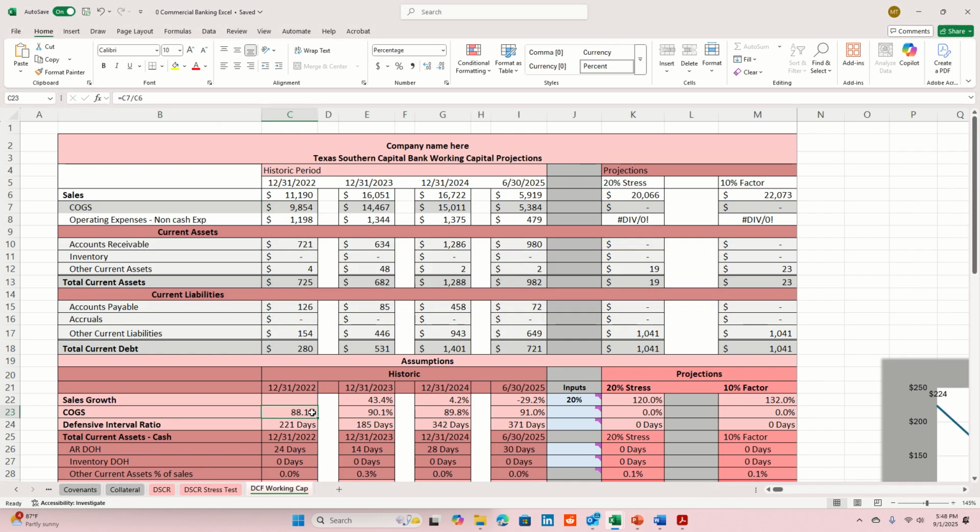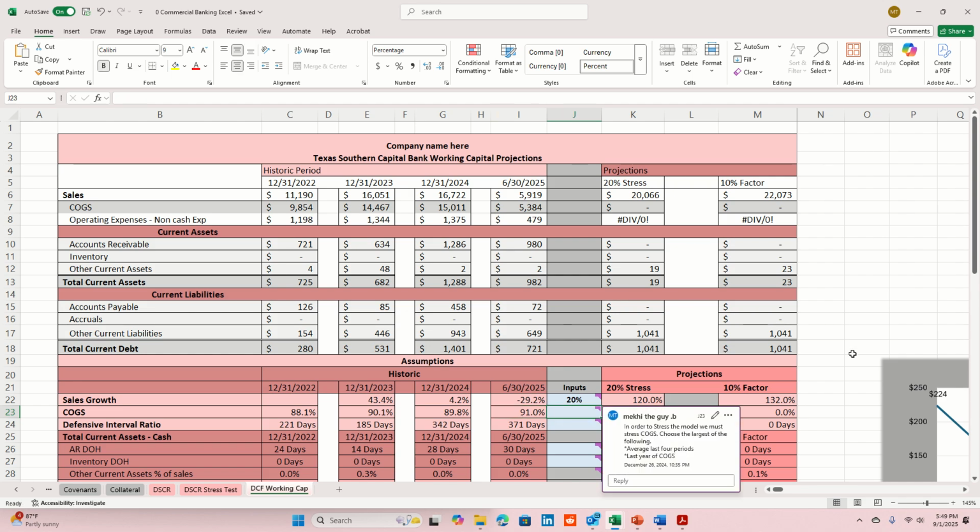What we're doing is we're taking sales in 2022, and then we're taking cost of goods sold in 2022, and then dividing that by sales in 2022, and that gets us 88%. We do the same thing in 2023, 2024, and 2025.